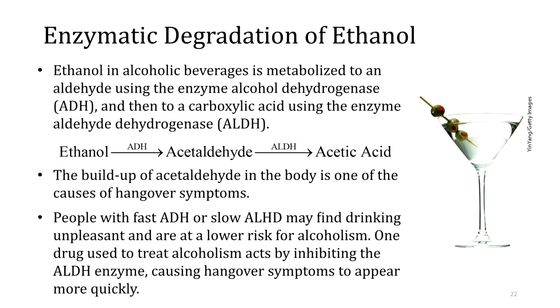And it turns out that people who have a fast alcohol dehydrogenase process in their body or slow aldehyde dehydrogenase can actually run into serious problems with drinking alcohol. It says here that they find drinking unpleasant. They generally don't become alcoholic because it's very difficult for them to drink alcohol. It can become very toxic to them because they build up acetaldehyde.